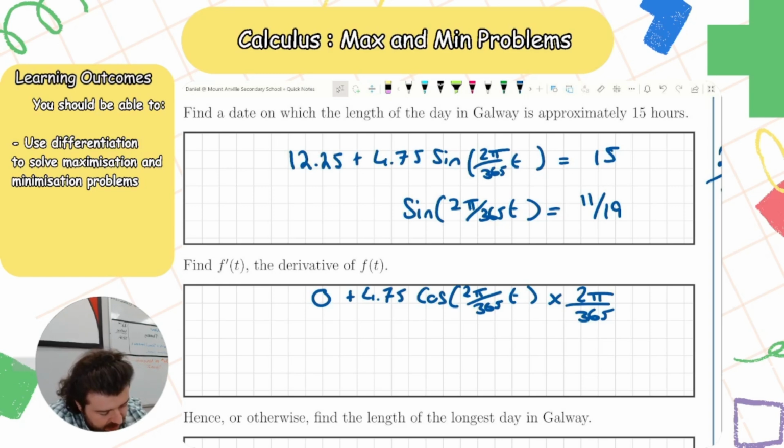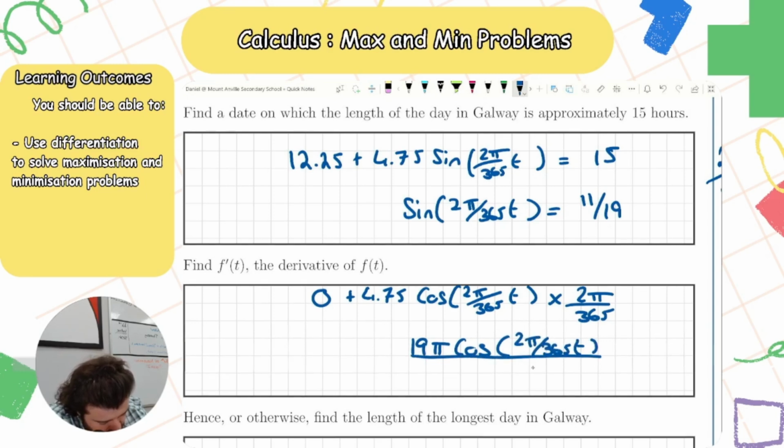So that is going to give me 19 pi cosine 2 pi over 365 t all over 730.